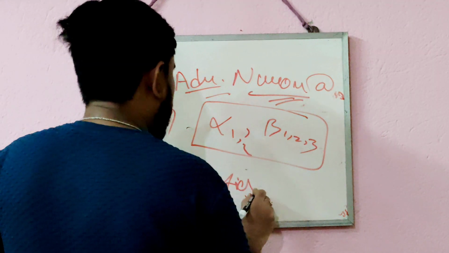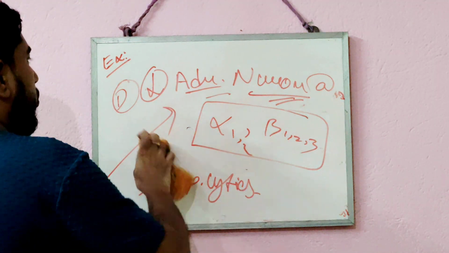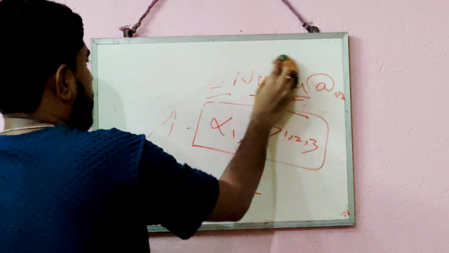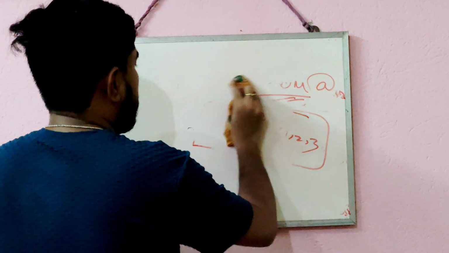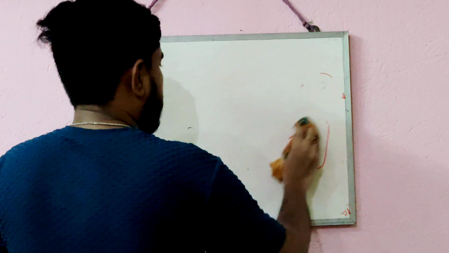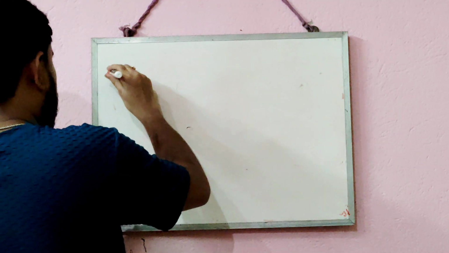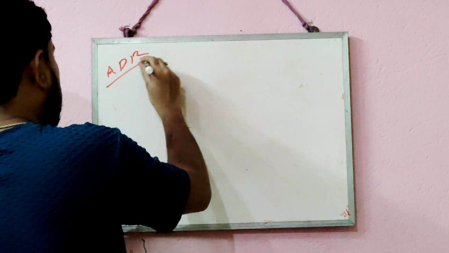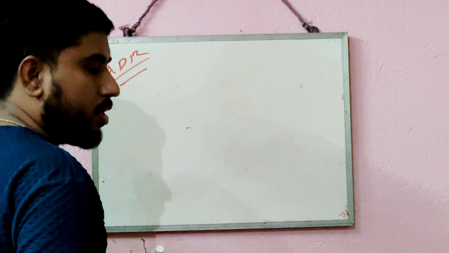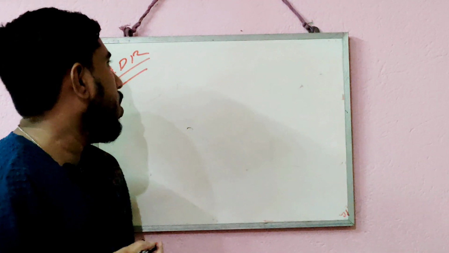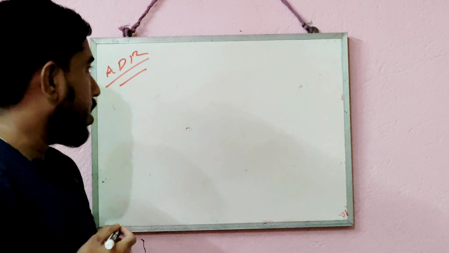The last topic we are going to discuss today is the different adverse drug reactions of sympatholytic drugs. According to the classification, we will study the adverse drug reactions. We all know what adverse drug reactions are.